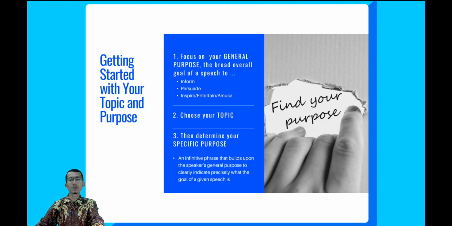These broad objectives are commonly referred to as a speech's general purpose, because you are attempting to inform, persuade, or entertain or inspire your audience in general, regardless of the topic. You could think of them as appealing to the audience's understanding, which is for informative; will or action, which is for persuasive; and emotion or pleasure, which is for inspirational or entertaining.